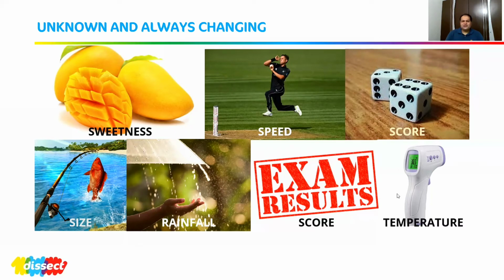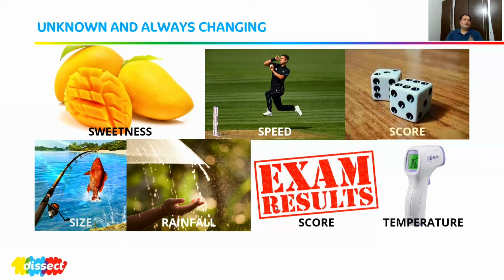The temperature of a person also keeps on changing. It is unknown and it keeps on changing. So these are all things that keep on changing and they are unknown before we actually find out how much it is. So these are all variables.